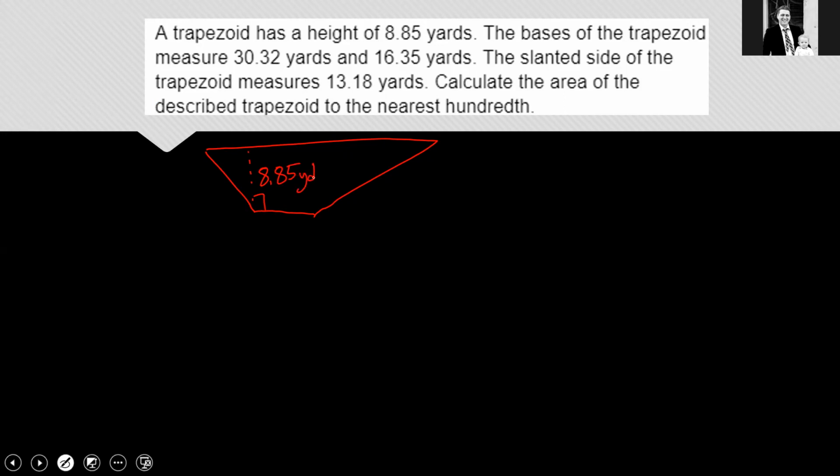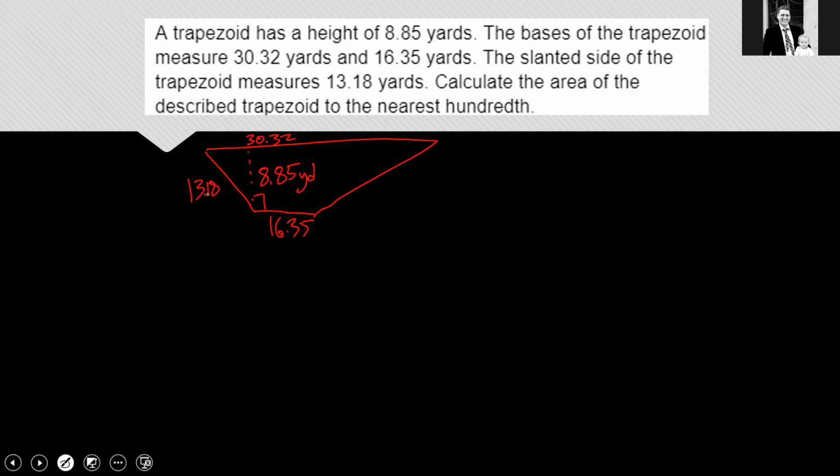And it says the bases measure 30.32 and 16.35. The slanted side of the trapezoid, ooh, it says slanted side, so that's one of my diagonals that isn't super important, measures 13.18 yards. Calculate the area of the described trapezoid to the nearest hundredth.